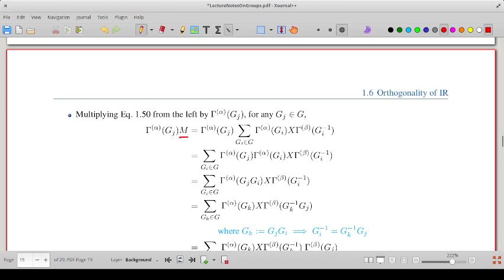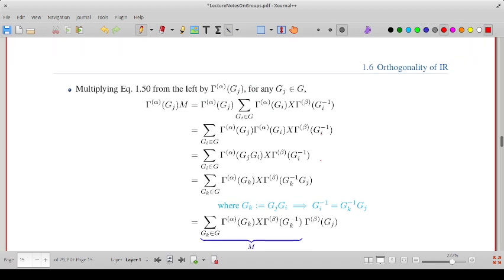Writing the explicit expression for M, we have gamma alpha Gj, then sum over Gi of gamma alpha Gi X gamma beta Gi inverse. Matrix multiplication is a linear operation, so gamma alpha Gj can go inside the sum and multiply gamma alpha Gi.